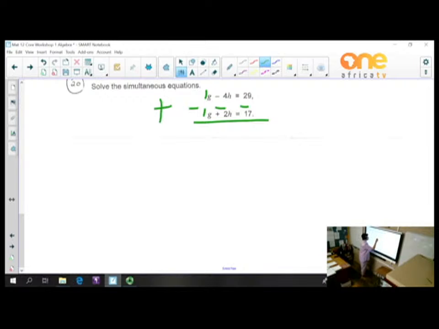So 1 minus 1 is 0. Now we've eliminated G. Negative 4, negative 2, again do it on your calculator, is equal to negative 6H, is equal to, on the other side, 29 minus 17, which is 12.